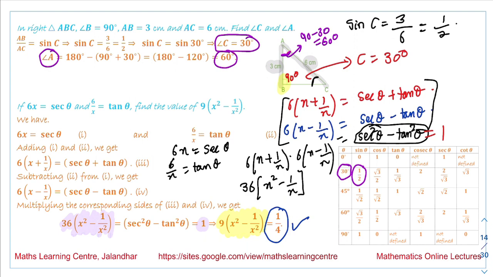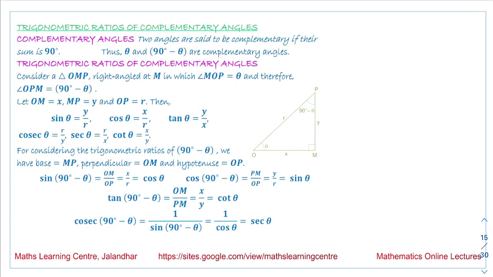Next we have the trigonometric ratios of complementary angles. Complementary angles, we know that two angles are said to be complementary if their sum is 90 degrees. So if one angle is theta, then the angle complementary to it is 90 minus theta. If we are talking about a right angle triangle, this angle is 90 degree.